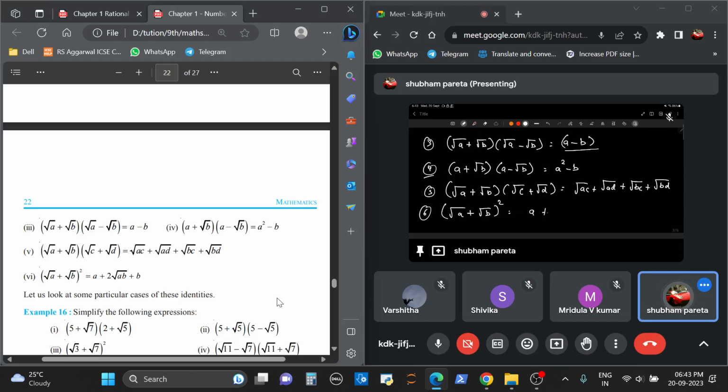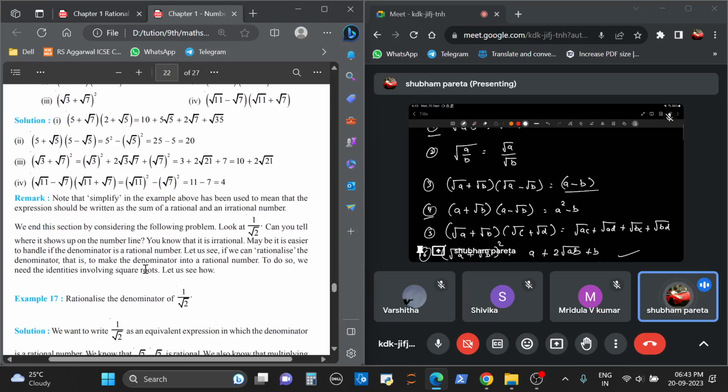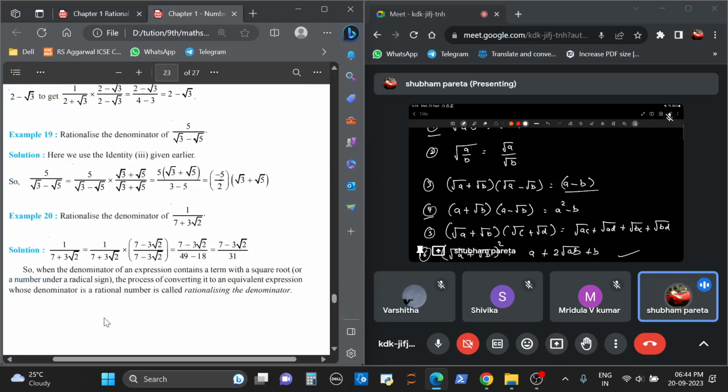That is a plus 2 under root ab plus b. Sorry, not b square, this is b. So this is the sixth property that we are having so far, isn't it? Now based on this, there are some different sets of questions on which you need to focus. Getting the point, everyone?